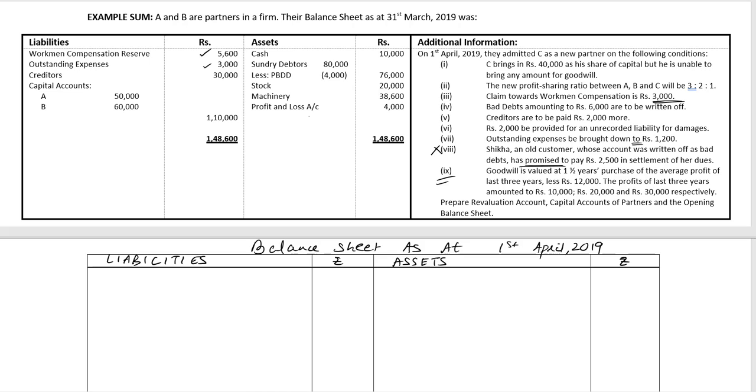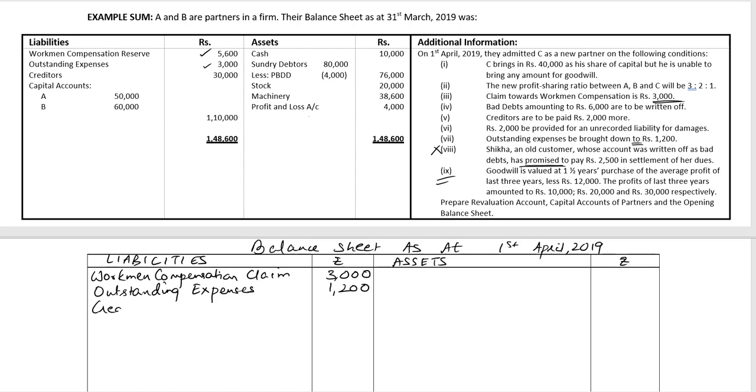We'll begin with the liability side items. The workman compensation reserve has been replaced by the claim. So we have workman compensation claim, and the amount of claim is rupees 3,000. Outstanding expenses. We brought down the outstanding expenses to rupees 1,200.